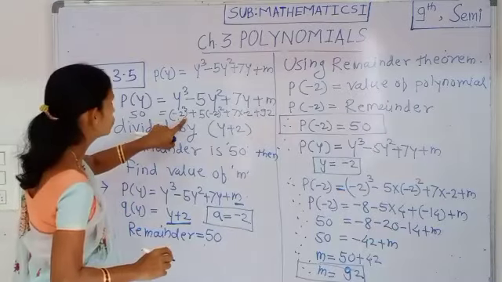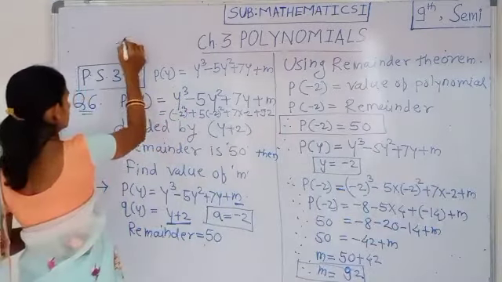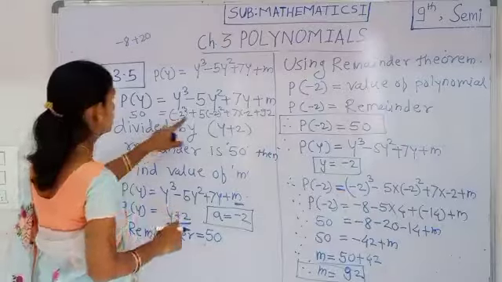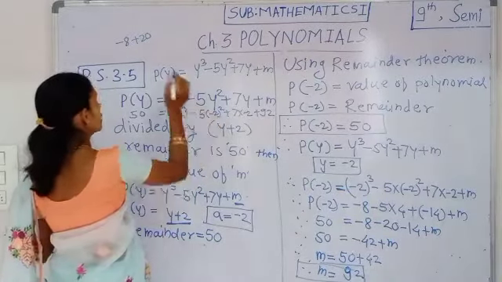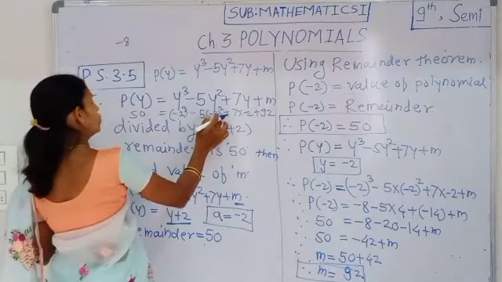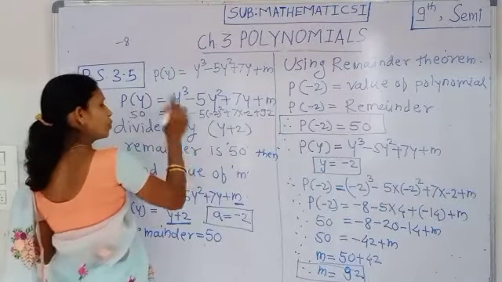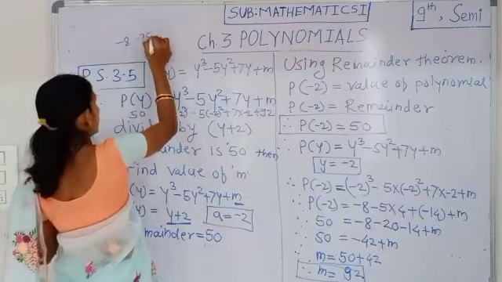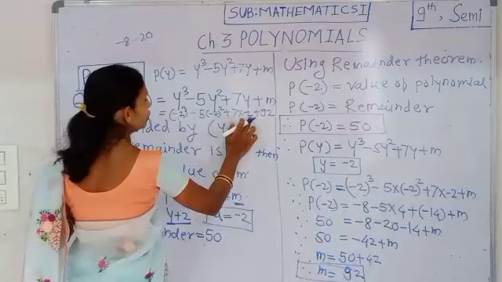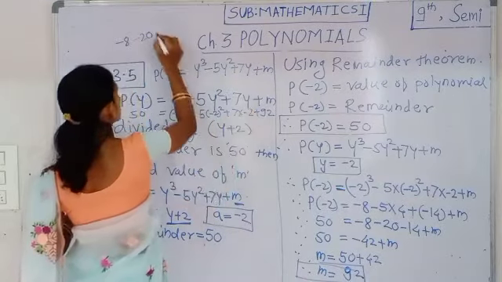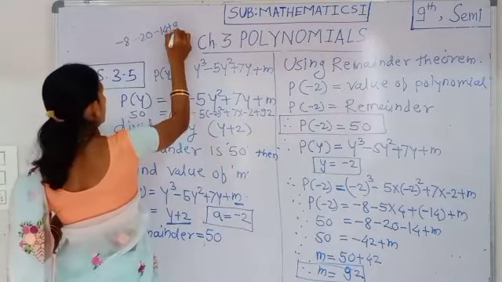Then minus 2 cube, that is minus 8. Then minus 5 into minus 2 square, that is 4 into minus 5, minus 20, plus 7 into minus 2, that is minus 14, plus 92.